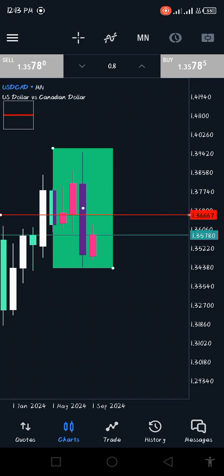If price was at this point or upward in the box, then we would be looking much more for buying opportunities.